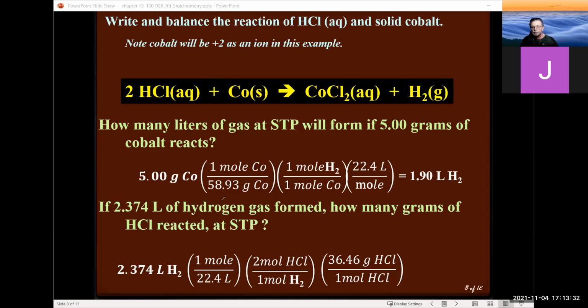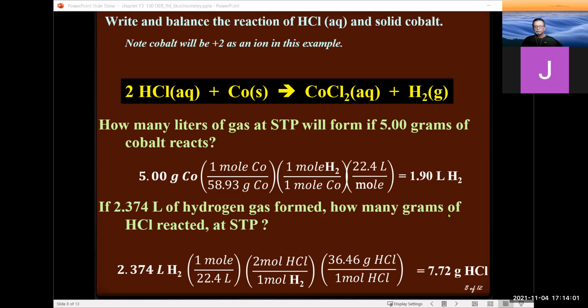Check your units. Liters cancel, moles of HCl cancel, leaving us with grams of HCl. We are where we need to be. Okay, and plug the number in the calculator. You should have 7.72 grams of hydrochloric acid.